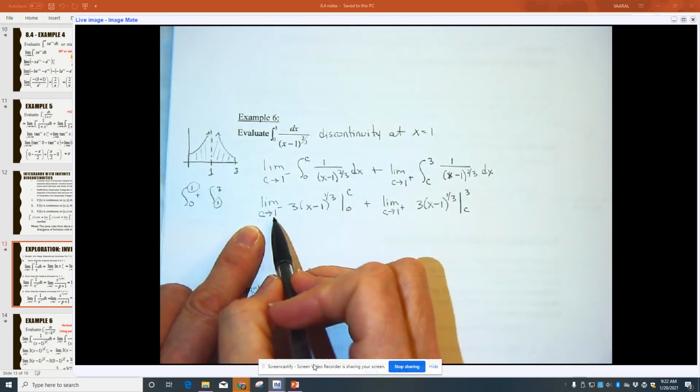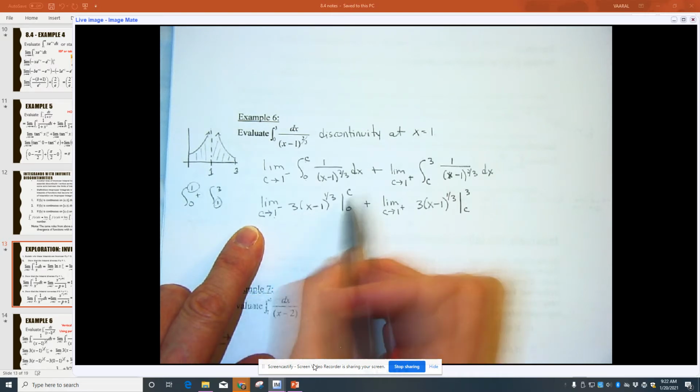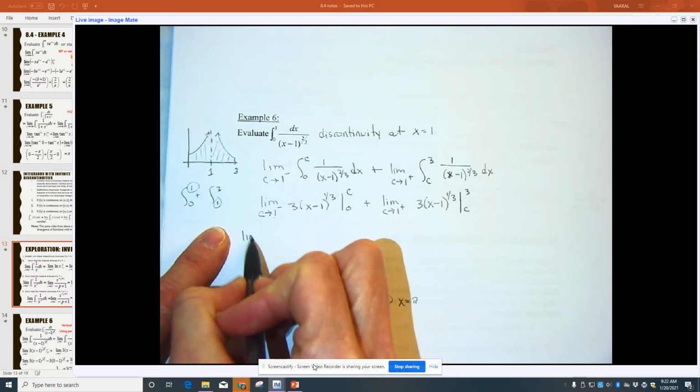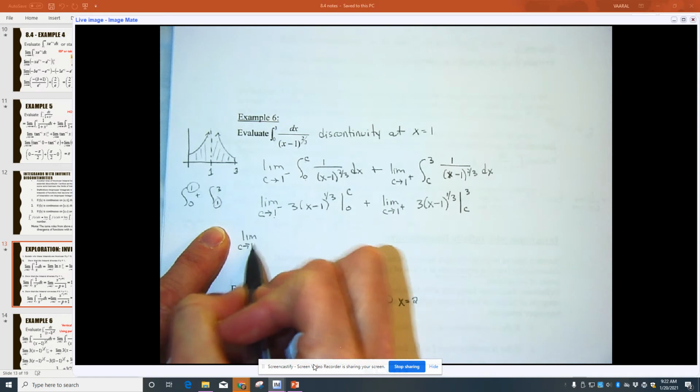So I'm approaching 1 from the left side here. Oh, no, I'm substituting in my upper and lower bounds, not taking my limit yet. So limit first, still here.